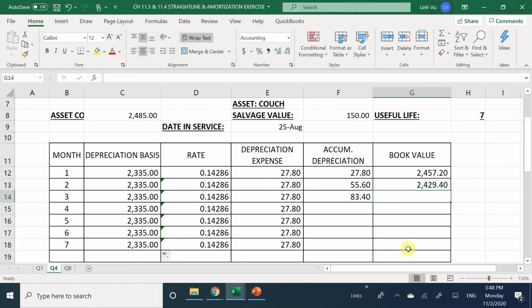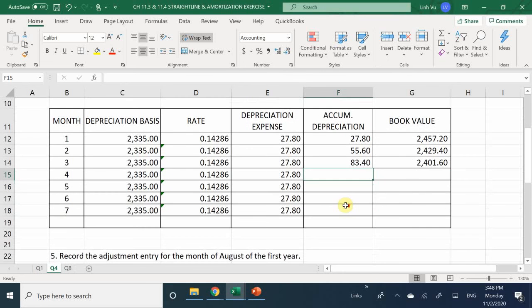Yes. And the cost of the 2485 minus the 8340 is $2,401.60. Good. All right. So we're squared away from now, right? Everything looks the same. There you go.